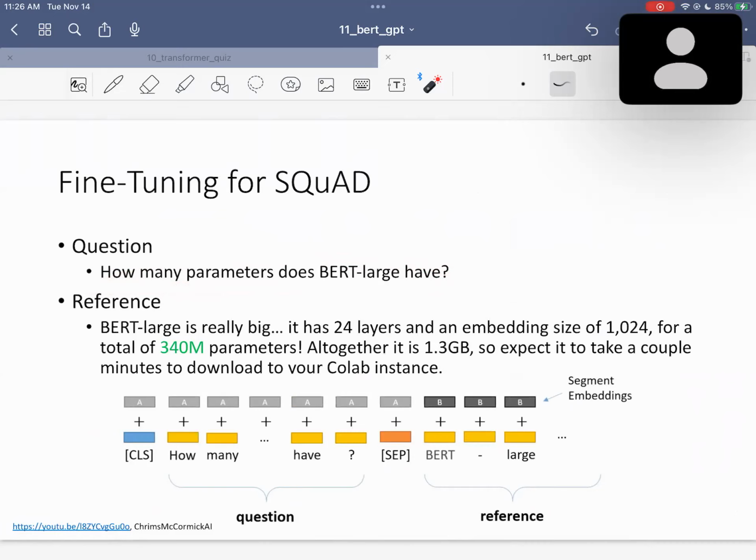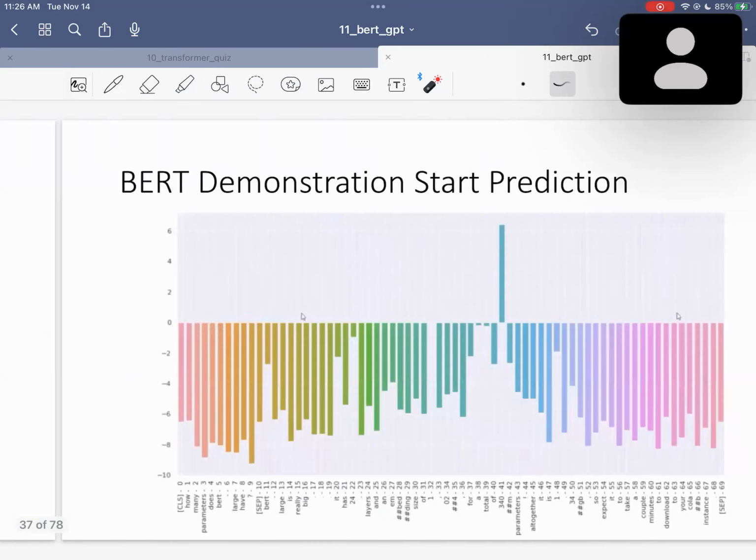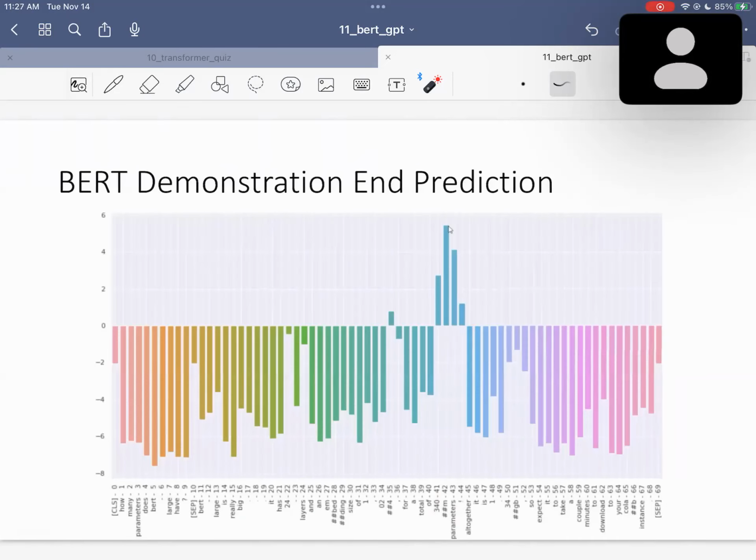Actually, the exclamation mark is also a viable answer, which is why you have logits there. And 340 is also technically a viable answer. It's a wrong answer, but 340 is still syntactically correct. So you can see there's a bit of distributed attention, logits here. So it works pretty okay.